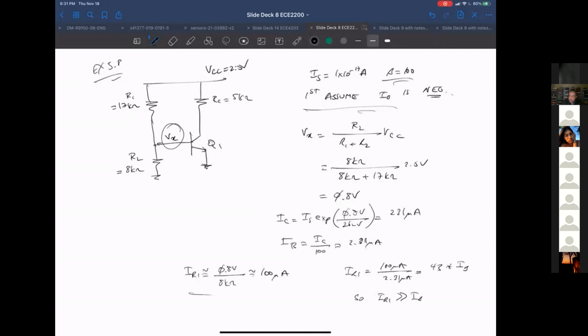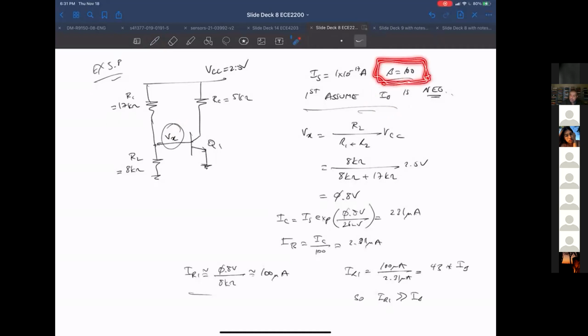So my initial assumption that I could ignore I sub B is a reasonable one, because it's not going to change this Vx very much. Now, it doesn't matter if my beta wasn't 100. Let's say my beta was 50.